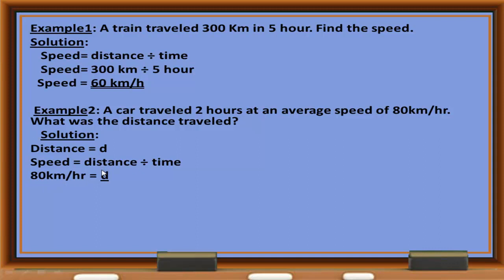Distance is unknown, and time taken is given, which is 2 hours. Then we are going to cross multiply. 2 will be multiplied with 80 and 1 will be multiplied with d. d is equal to 2 times 80, that is 160 kilometers. The distance is 160 kilometers.